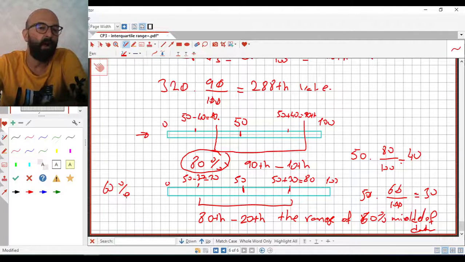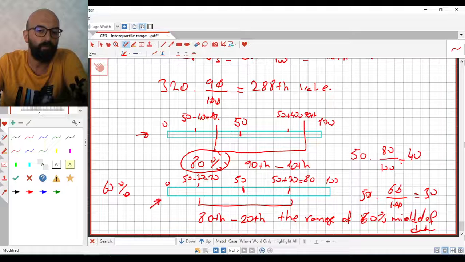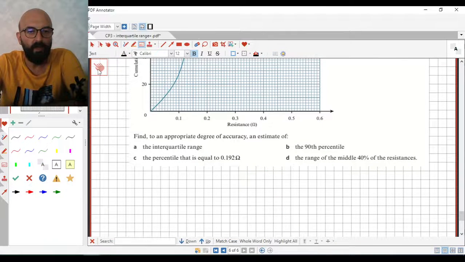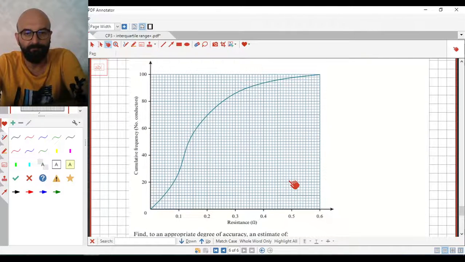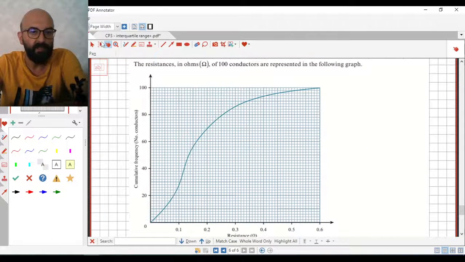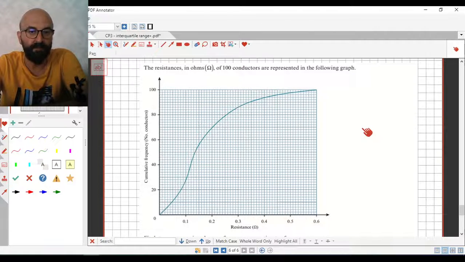If they want the range of the middle 60% of the data set, we follow this process. And then we have a question about interquartile range in grouped data.